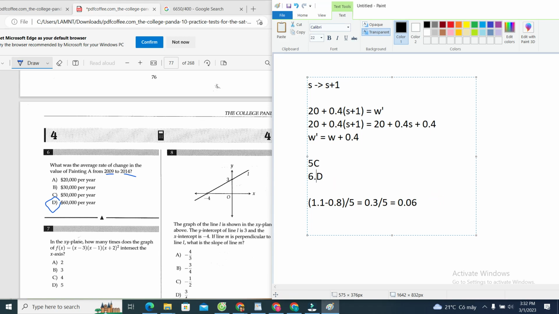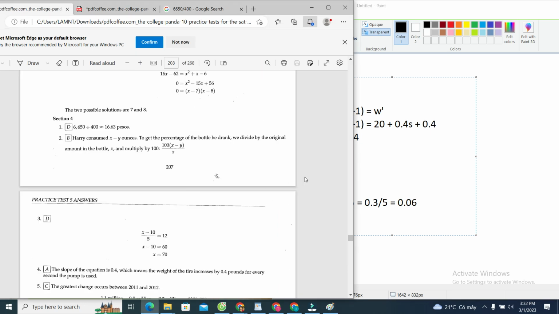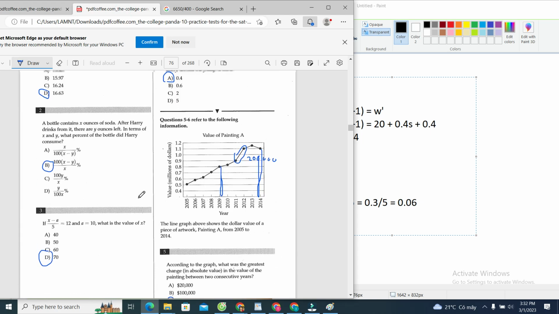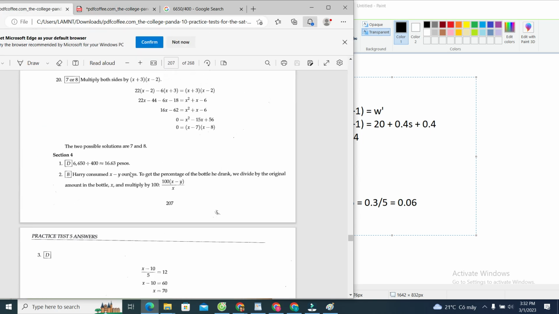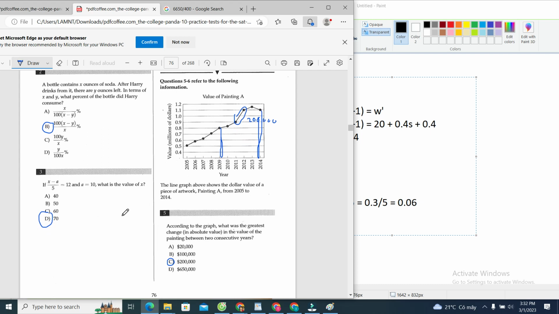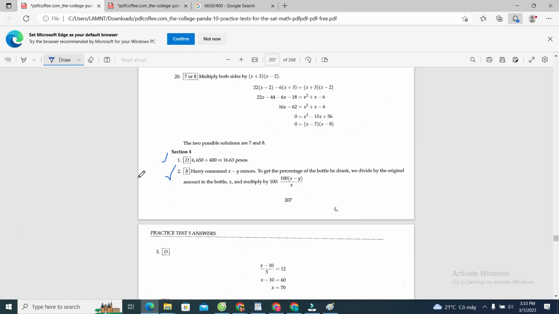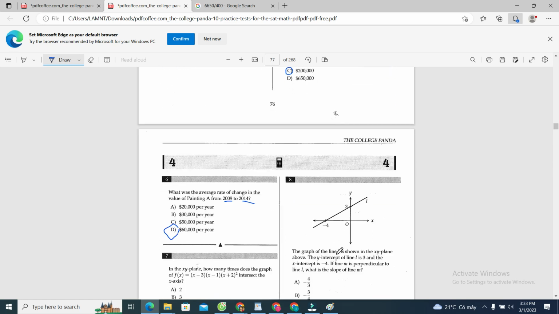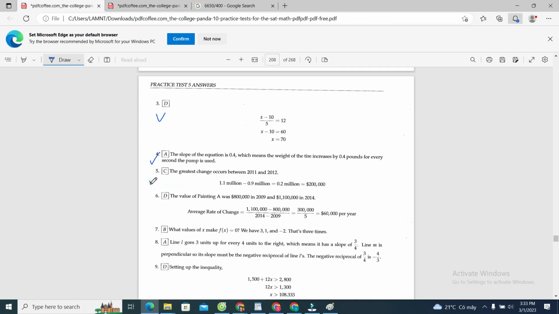Okay, so let's check the answers to see if we are correct. 1 is D, 2 is B, so we are correct. 3 is D, and 4 is A. 5 is C, and 6 is D. So it's correct.